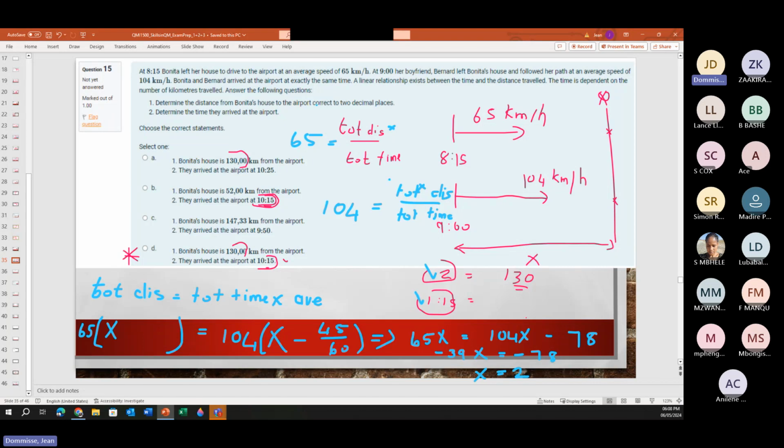But I actually needed to go back to what is the formula of average distance, to say it's total distance divided by total time.